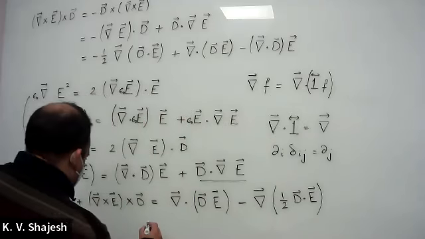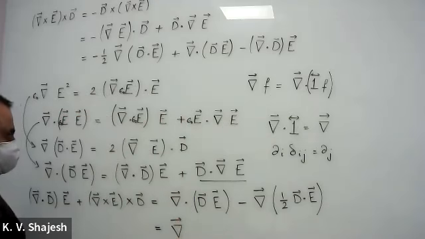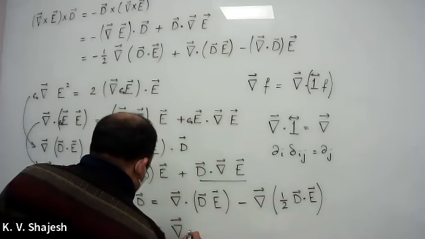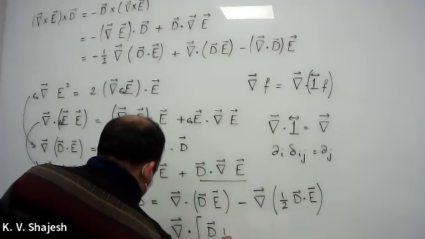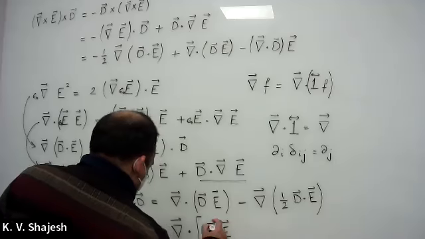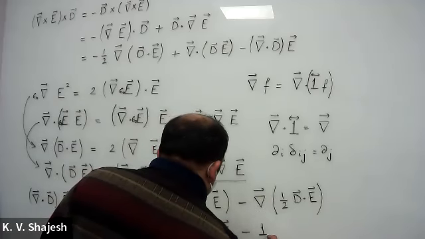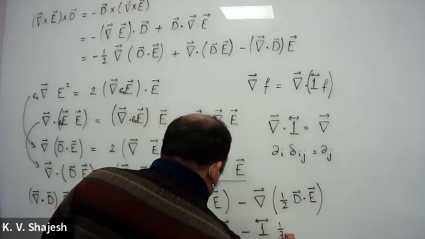If I use that trick, then I can see that this is a total divergence. So it's the tensor, so this is minus of 1.